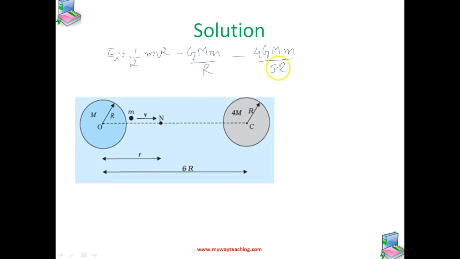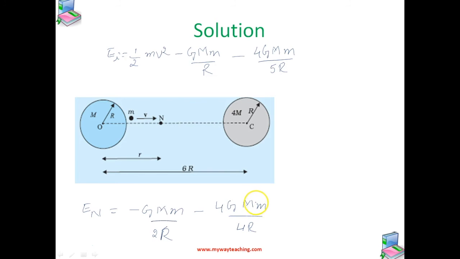The mechanical energy at N is purely potential. When speed approaches 0, in that case it is minus GMm by 2r minus 4GMm by 4r.